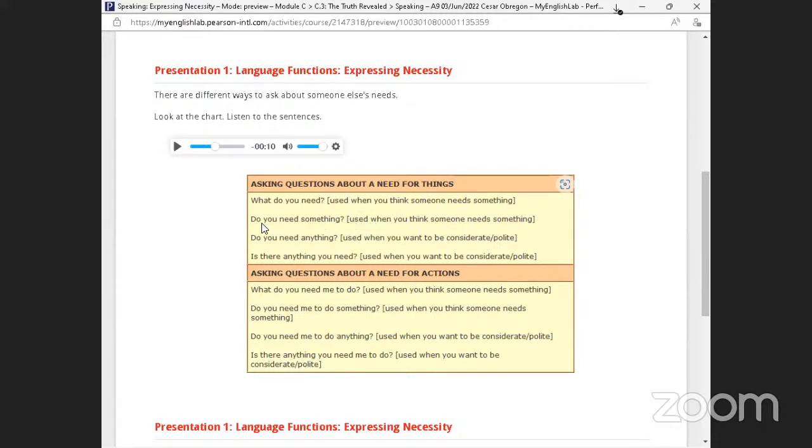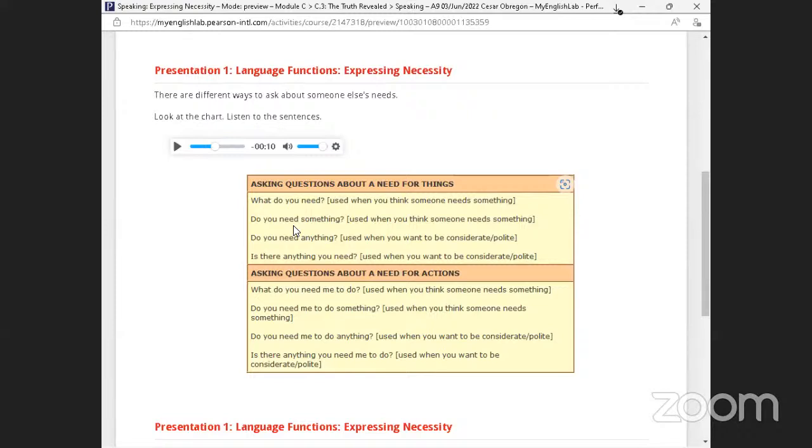And I see why we are using, even though these two in context sound very similar, or look very similar, there's a difference. When you say, do you need something, it's like saying you're not sure what you want, I can help you. And do you need anything is being polite.